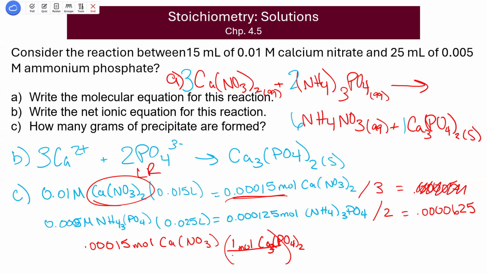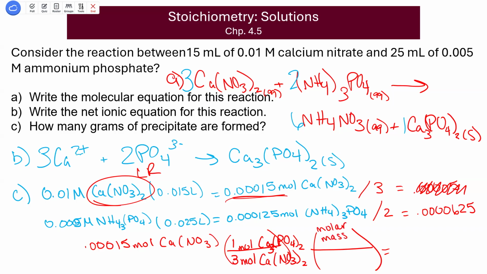And then for every 3 moles of your calcium nitrate. And then you'll use your molar mass and solve for it there. And you can prove the rest to yourself. This is where molar mass goes.